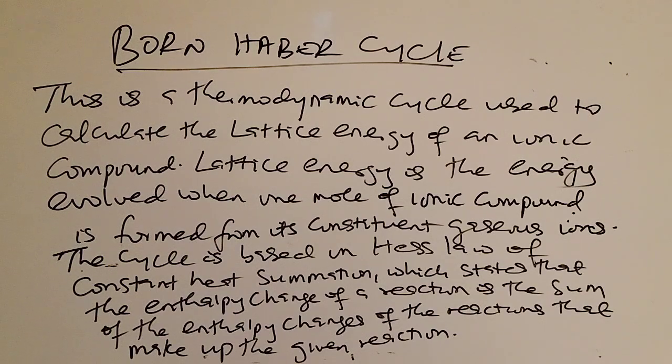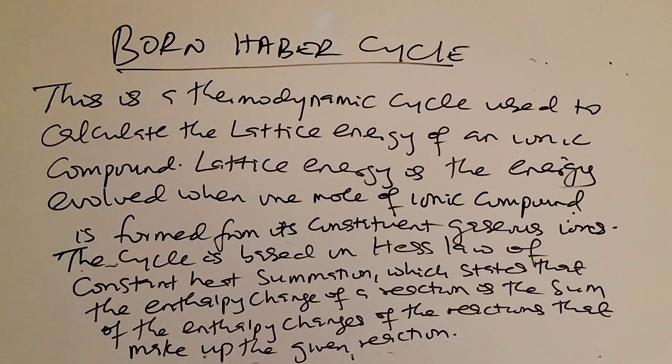The cycle is based on Hess's law of constant heat summation. This law states that the enthalpy change of a reaction is the sum of the enthalpy changes of the reactions that make up the given reaction.